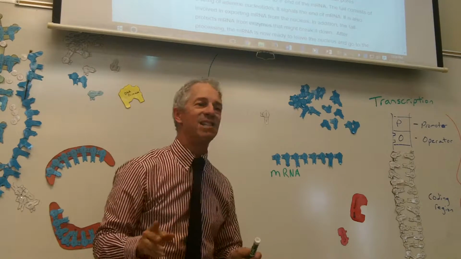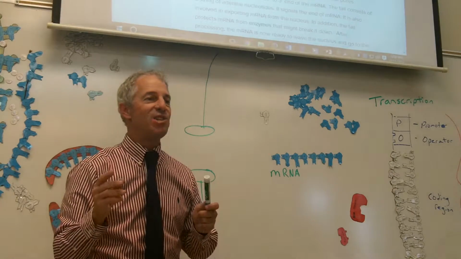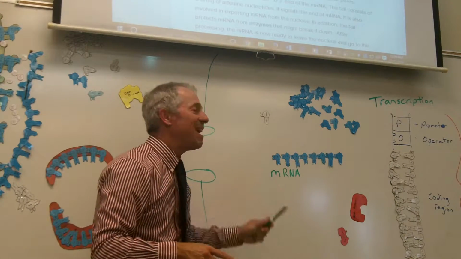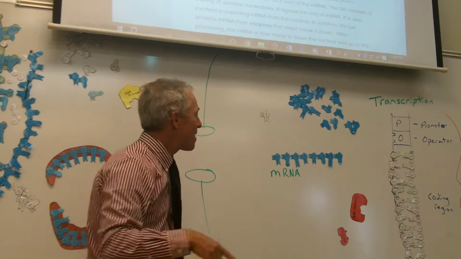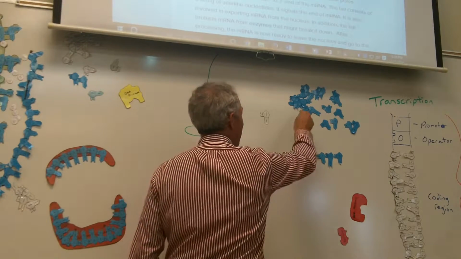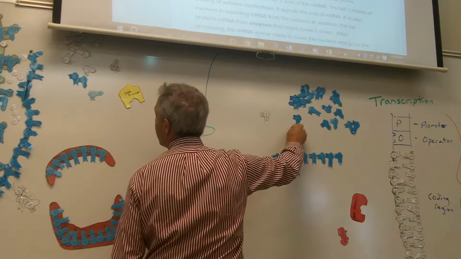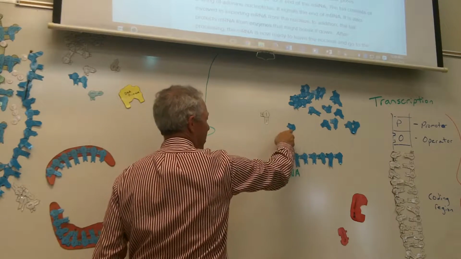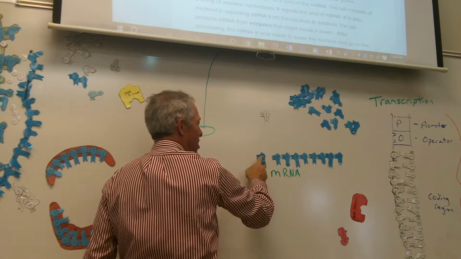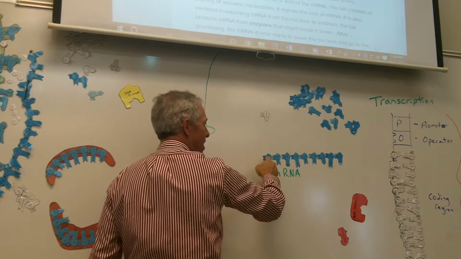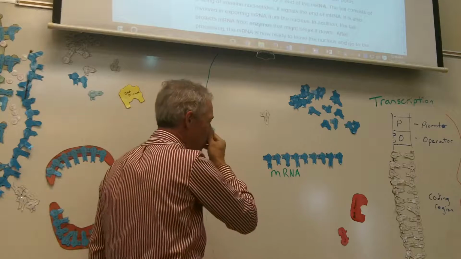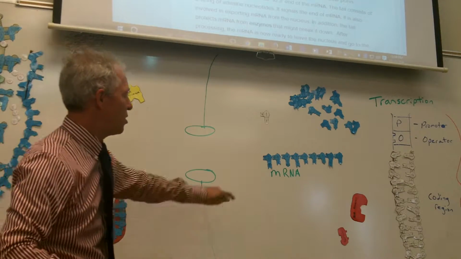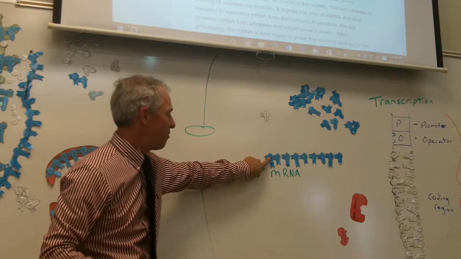The first thing that has to be done is you have to add a cap to it. All mRNA wears a cap. It's called a guanine cap, and it's a special guanine that's added to one end, on the very end here.